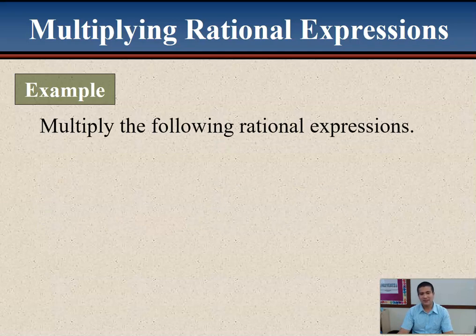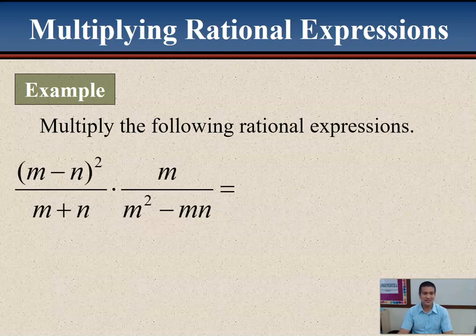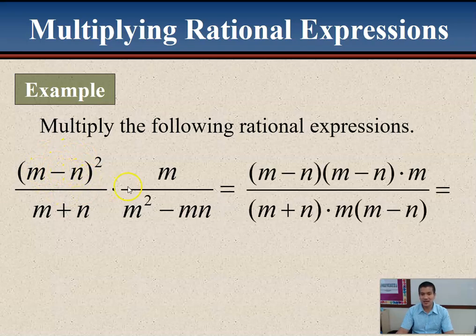Multiply the following rational expressions. For example, we have m minus n squared over m plus n times m over m squared minus mn. What we are going to do, just simply multiply this one first. Factor this one out: m minus n times m minus n.